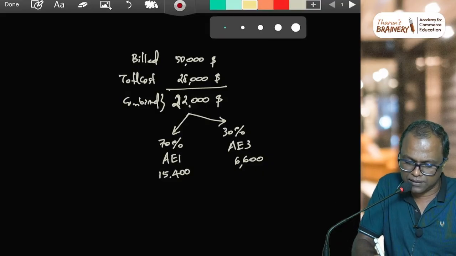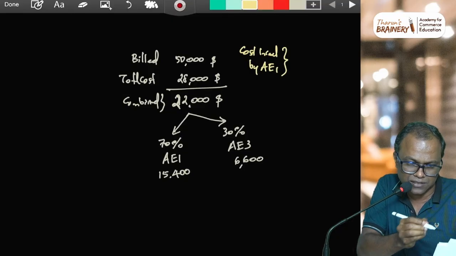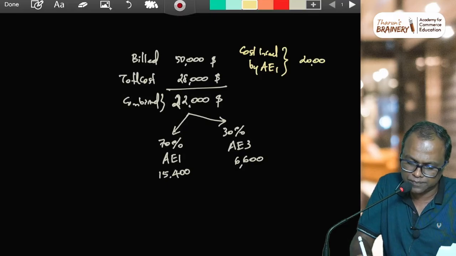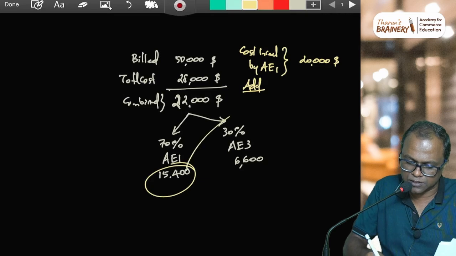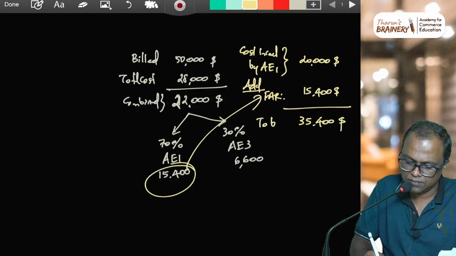So now take the cost incurred by AE1 Limited Indian entity for this work, that is $20,000. Add this profit we arrived. So based on FAR ratio, the return they should get $15,400. So what is the amount they have to bill? $35,400 they have to bill. Or we can say ALP sales.